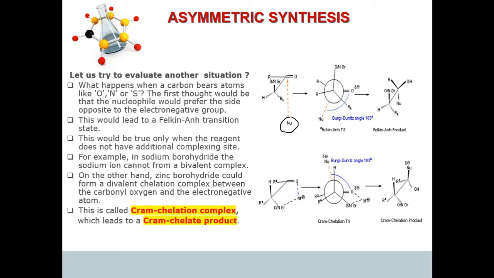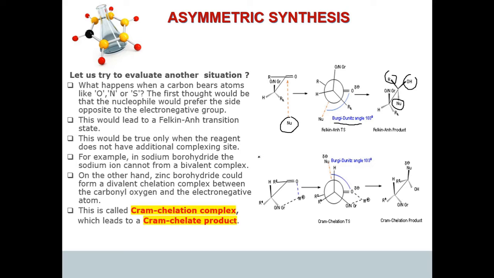Yes, and when the nucleophile attacks from the side opposite to the electronegative group, you can see this oxygen will be pushed up, and therefore you end up with a Felkin-Anh product. Again, this attack takes place through a Bürgi-Dunitz angle.